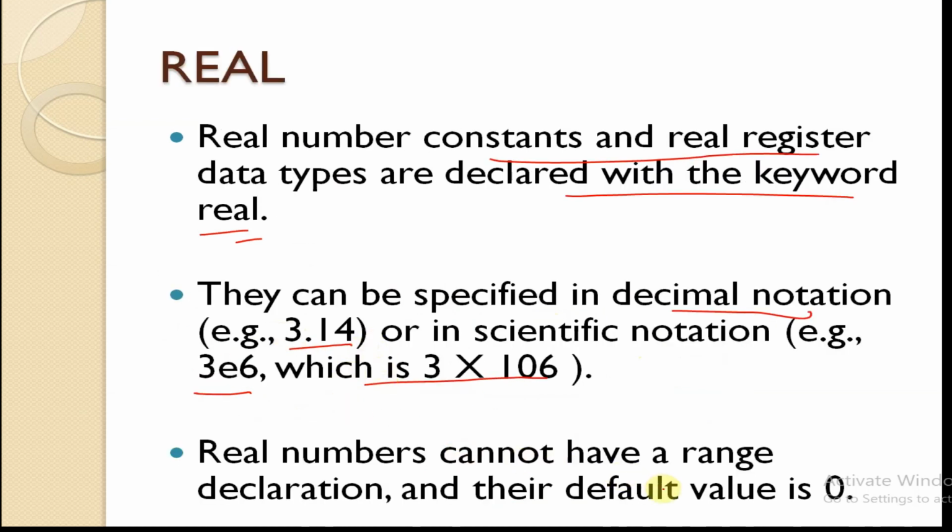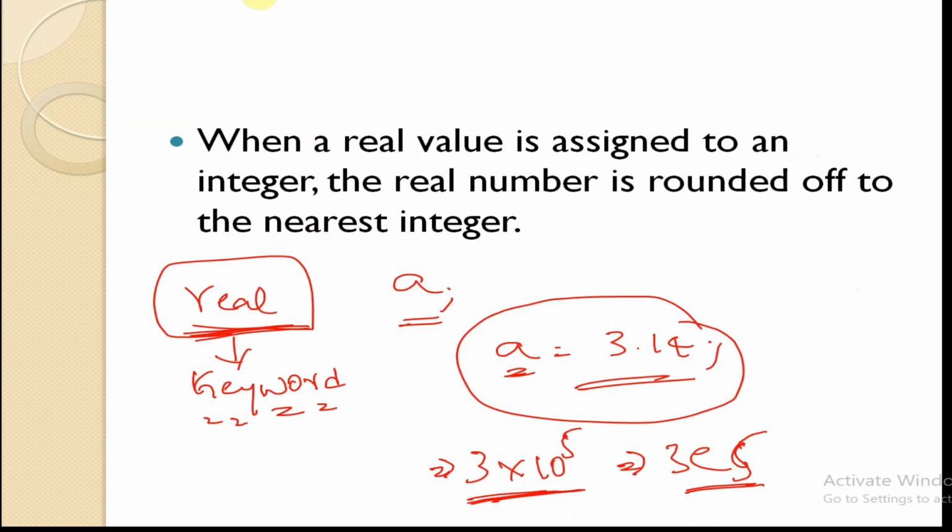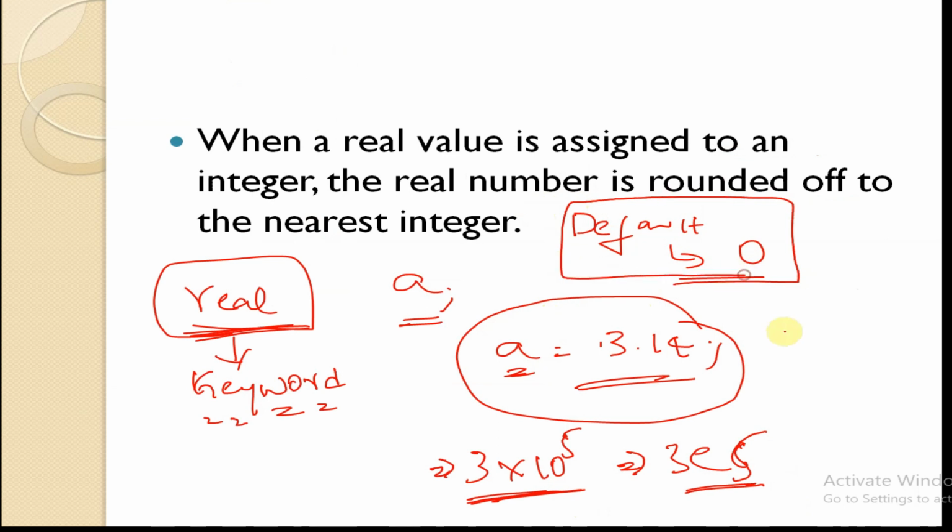Real numbers cannot have a range declaration and their default value is 0. It is also a very important interview point. What is the default value of a real number? The default value of a real number is equal to 0. The default value of reg is 0.